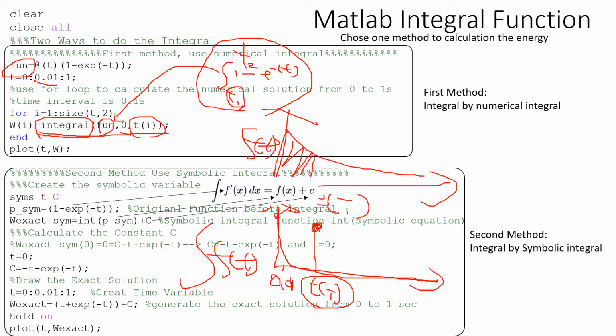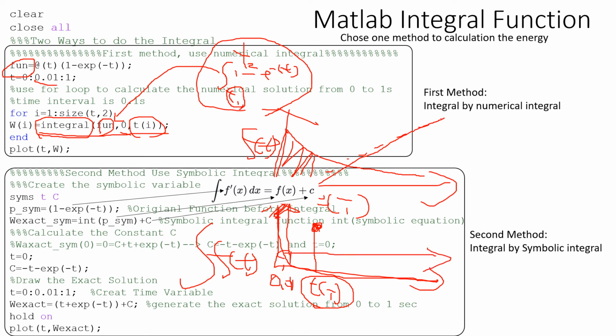Then the third will return the integral from 0 to 0.01. So you get a second value, then iterate until the end time, and you will get another point, the integration value along the time.